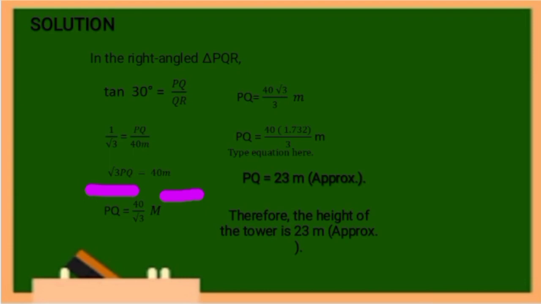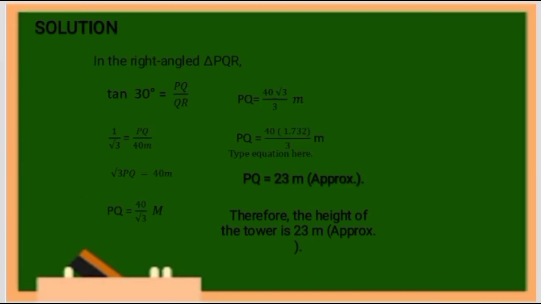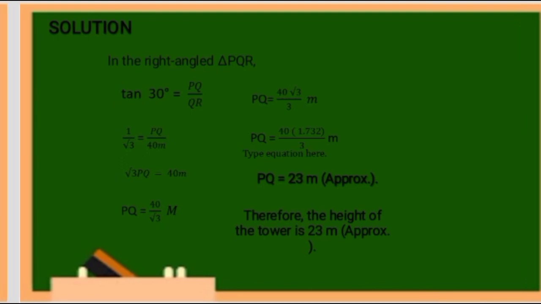Divide both sides by square root of 3. So we have PQ is equal to 40 meters over square root of 3. Then, since our denominator is square root of 3, we will multiply square root of 3 to numerator and denominator, so that we will cancel the radical sign in the denominator.